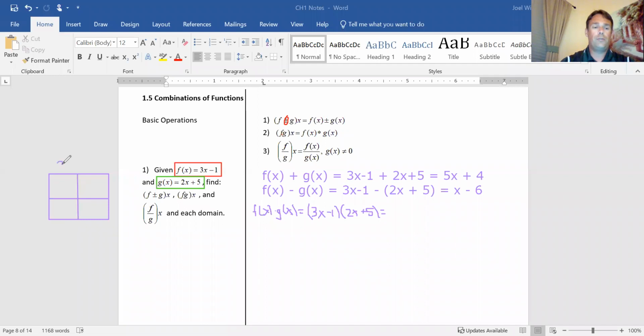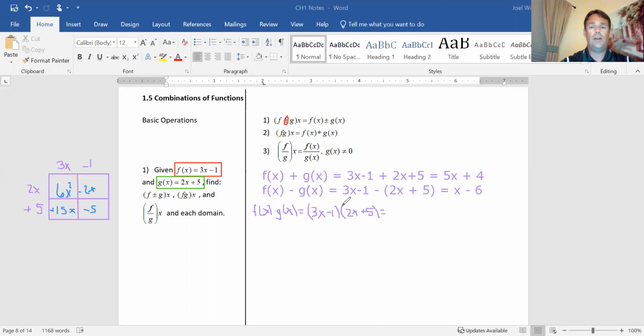So we have our 3x, our negative 1, our 2x, and our plus 5. We're going to go through and multiply these really quickly. So we have 6x squared minus 2x plus 15x and minus 5.